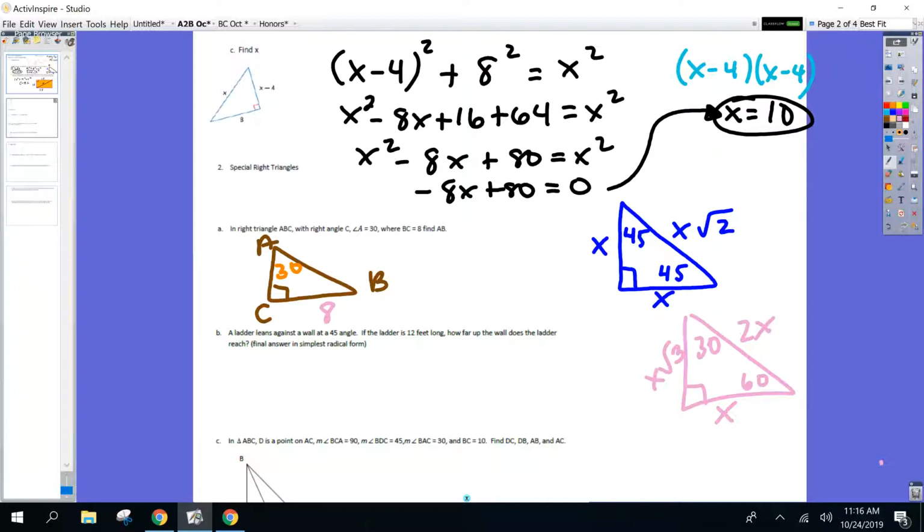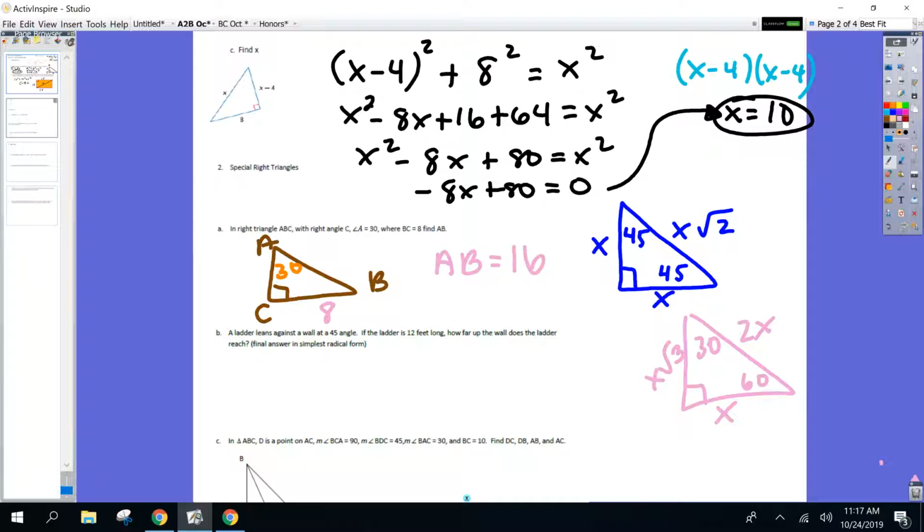Out of the two I just put up, this is a 30, 60, 90, right? Where's the 8 across from? The 8 is across from the 30, and I'm asking for the side across from the 90. What was the relationship we talked about between the hypotenuse and the side across from 30? It was just times 2, right? It was double. So in this case, AB will be equal to 16.